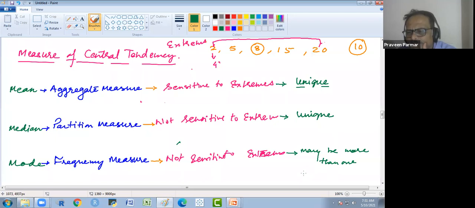It is sometimes called bimodal data, trimodal data.